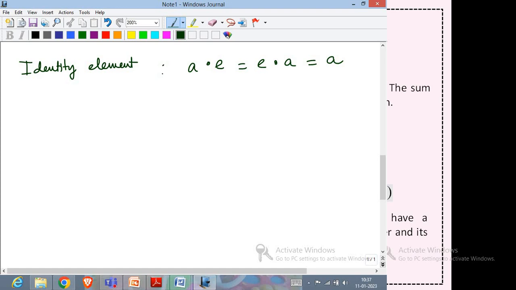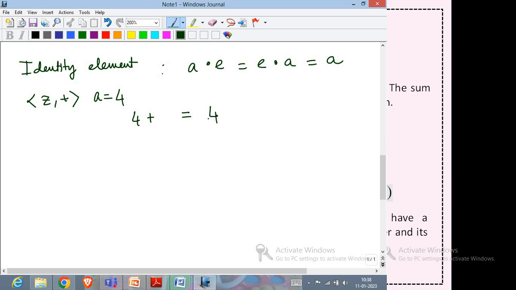Now suppose we have Z once again and we have plus. We are taking one reference only. Suppose this is the operation. Can you prove it for yourself how this can be done? Suppose we take the value 4, so my A is equal to 4. The operator that we are talking about is plus. So 4 plus something such that it becomes 4.